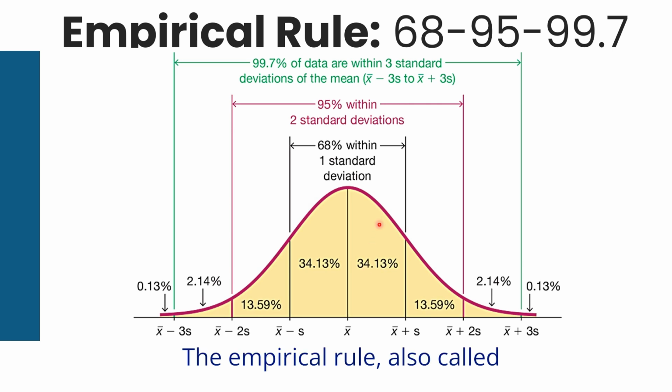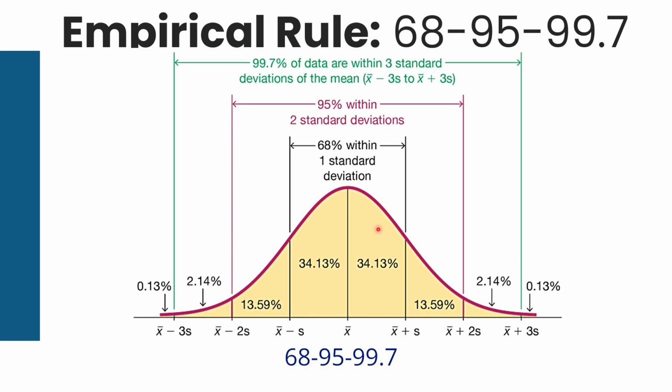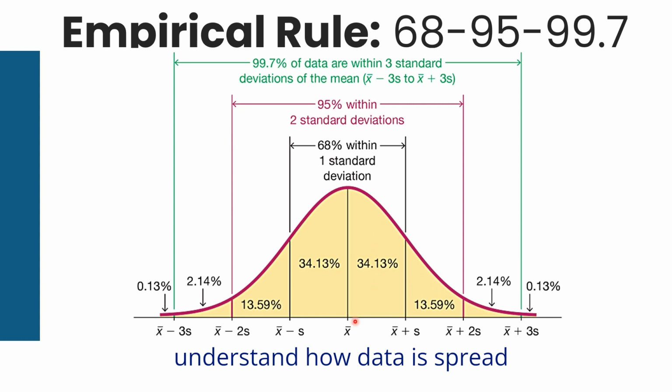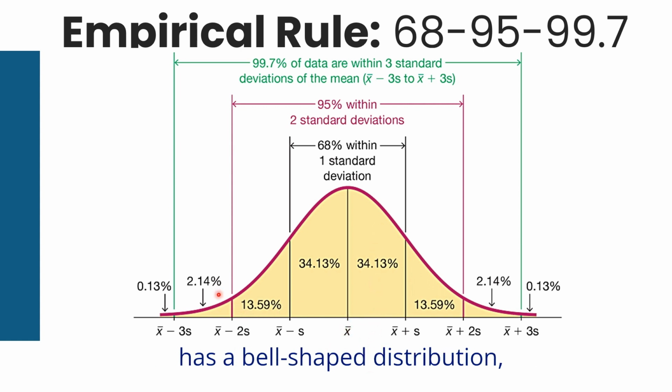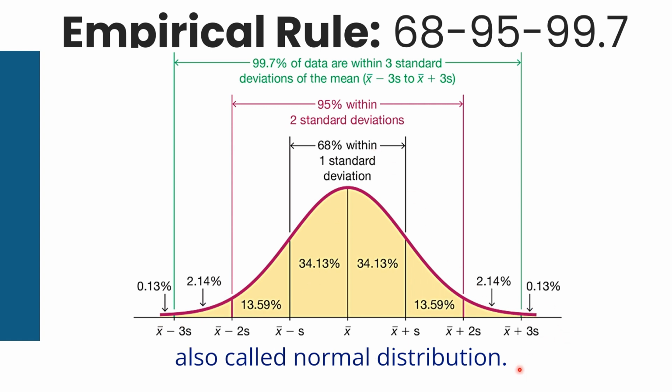The empirical rule, also called the 68, 95, 99.7 rule, provides a way to understand how data is spread around the mean in a set of data that has a bell-shaped distribution, also called normal distribution.